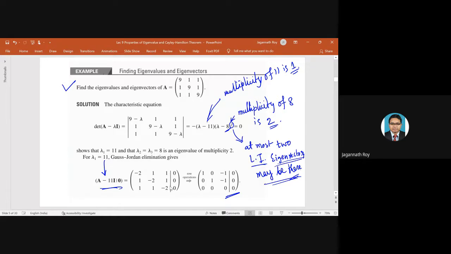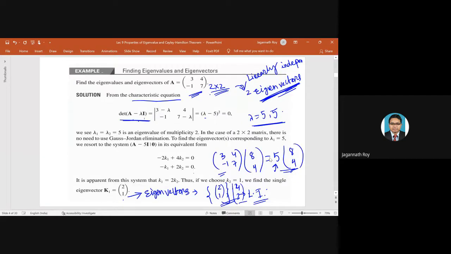In the earlier example, this is a 2 by 2 matrix, but we can have only one linearly independent eigenvector in this case, because the system has reduced in such a way that we are getting only one solution. There is only k1 equals 2 times k2. That's the only relation between the components of the eigenvector.